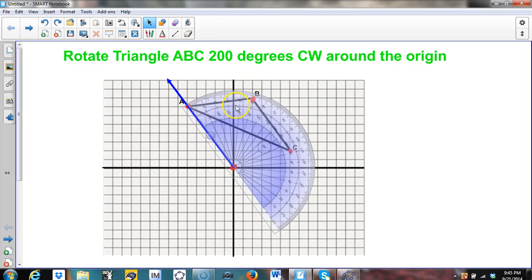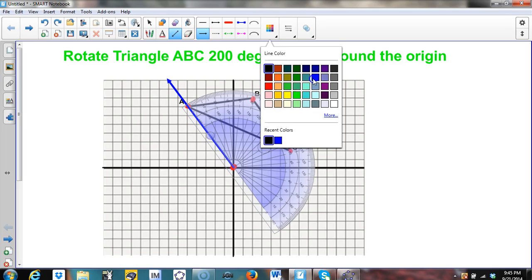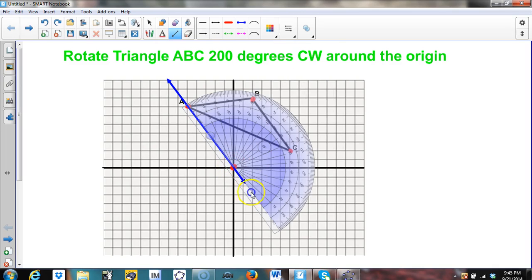But a protractor only goes to 180 degrees, right? I could use my ray tool again to make a straight line with my protractor, that's only 180 degrees. Lines are an angle of 180 degrees, what we call a straight angle. So how do we get to 200 degrees?